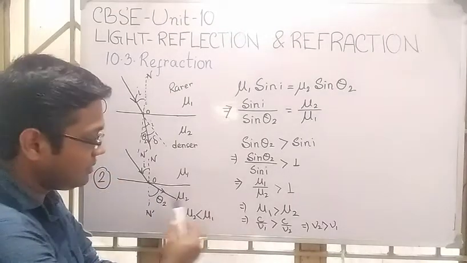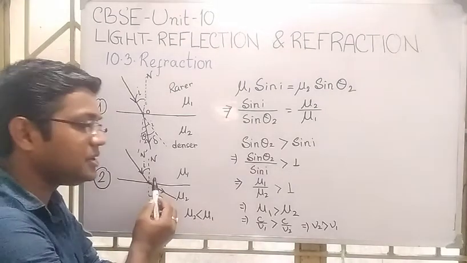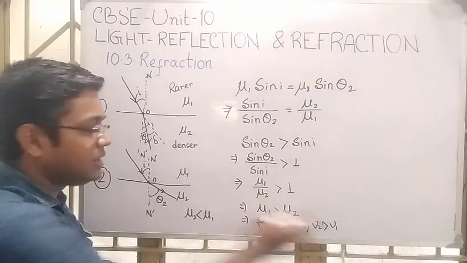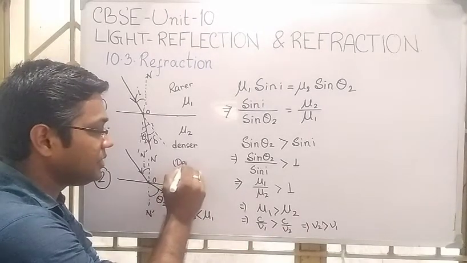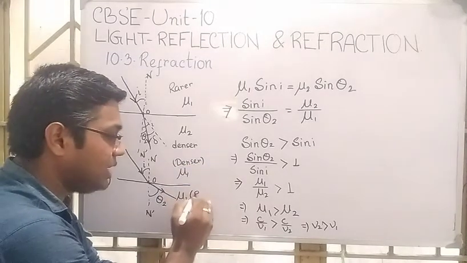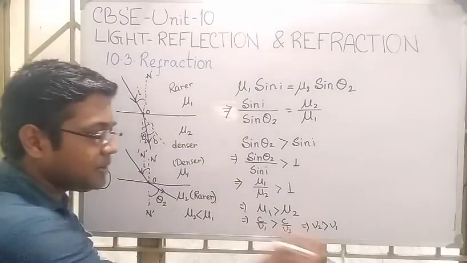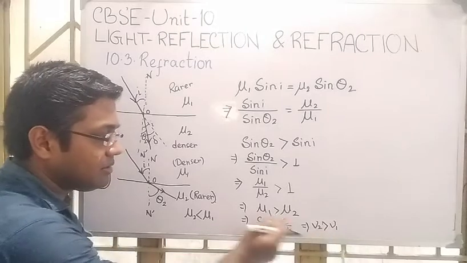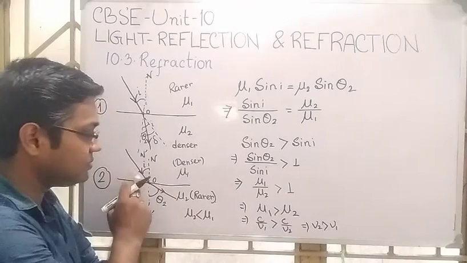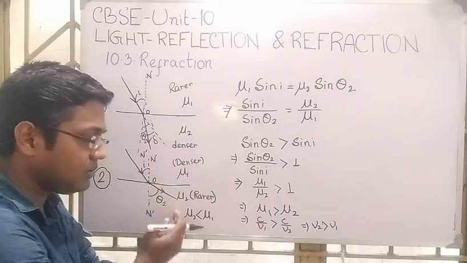So you can say, depending on the speed of light, the upper medium speed is less. We can consider the upper medium as the denser medium and the lower medium as the rarer medium. If we consider this, then mu1 is greater than mu2. The refractive index of this medium is greater than that of medium 2, the lower medium.